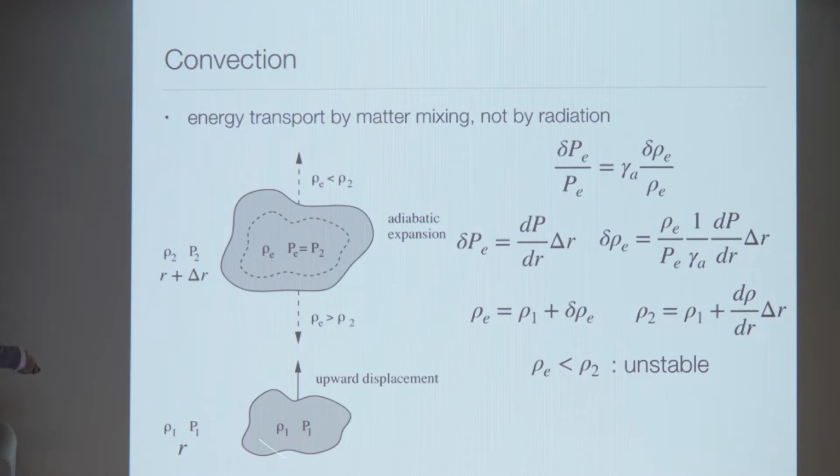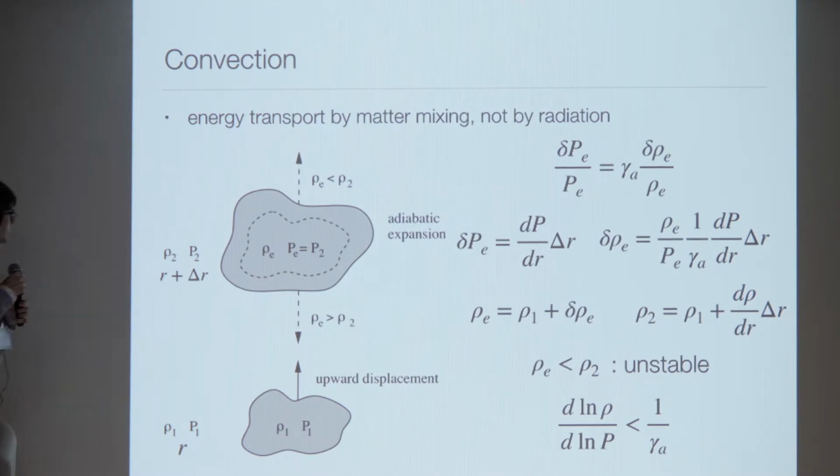This material also has some energy inside, so this motion can transfer energy inside the star instead of, or in addition to, radiation. And this is the condition we can write. If we put these equations here, then you can get the condition to be unstable like this.